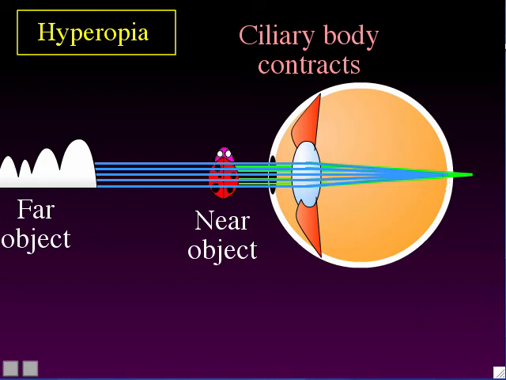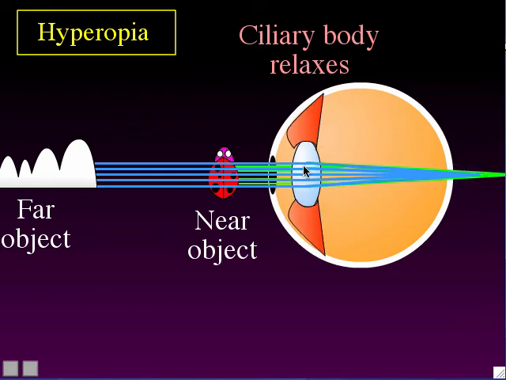far objects in focus. Now, just to recap here, if the person with hyperopia relaxes their ciliary body muscles, then the lens goes back to its normal relaxed shape. And because the lens has this abnormal shape in hyperopia, that puts all the focal points behind the retina, so everything's out of focus. But if the person with hyperopia wants to see the far objects in focus, they contract their ciliary body muscle.